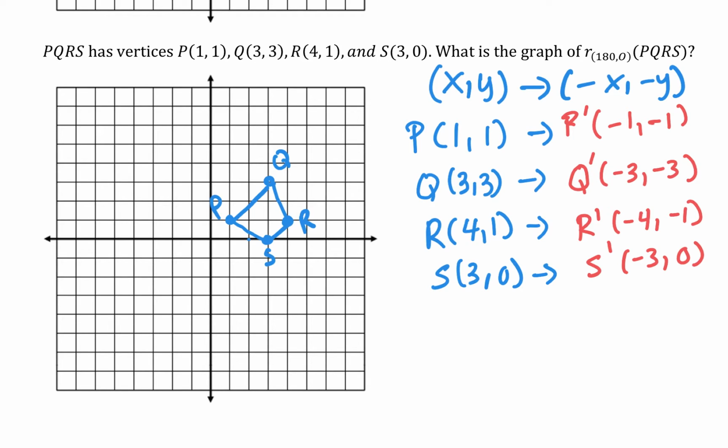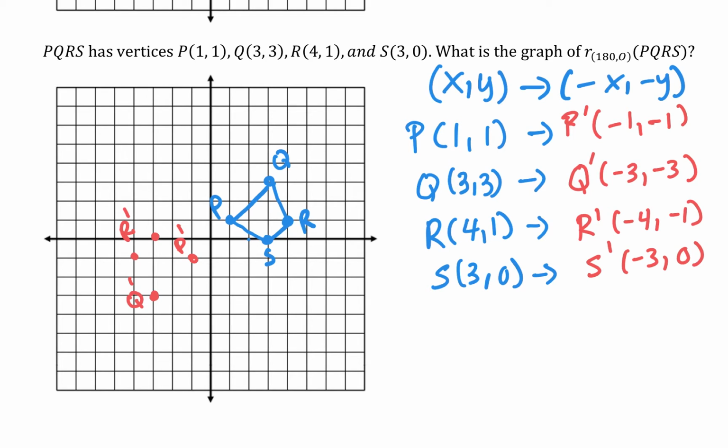So I'm going to go ahead and graph P prime, -1, -1, that's P prime. Q prime, -1, -2, -3, 1, 2, 3. So that's Q prime. R prime is going to be -4, 1, 2, 3, 4, -1. So that's R prime. And then -3, 0.